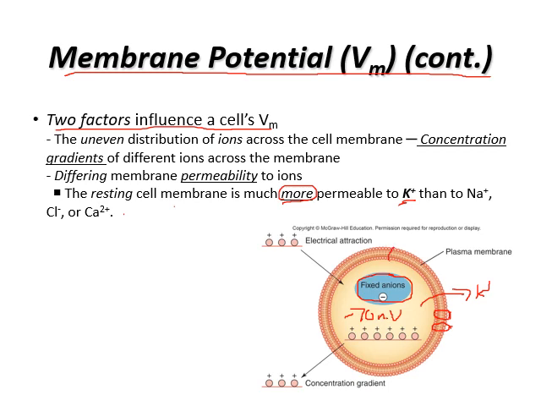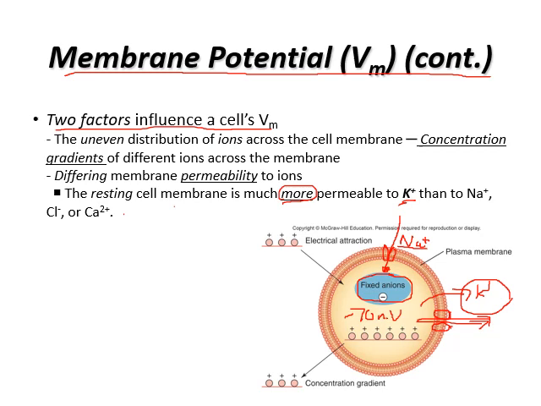There are sodium channels, or multiple channels, but there are many more open potassium channels than there are sodium channels. So if there are more channels for potassium, which one's allowed to move more rapidly? There's going to be more efflux of potassium out of the cell than there is influx of sodium into the cell.